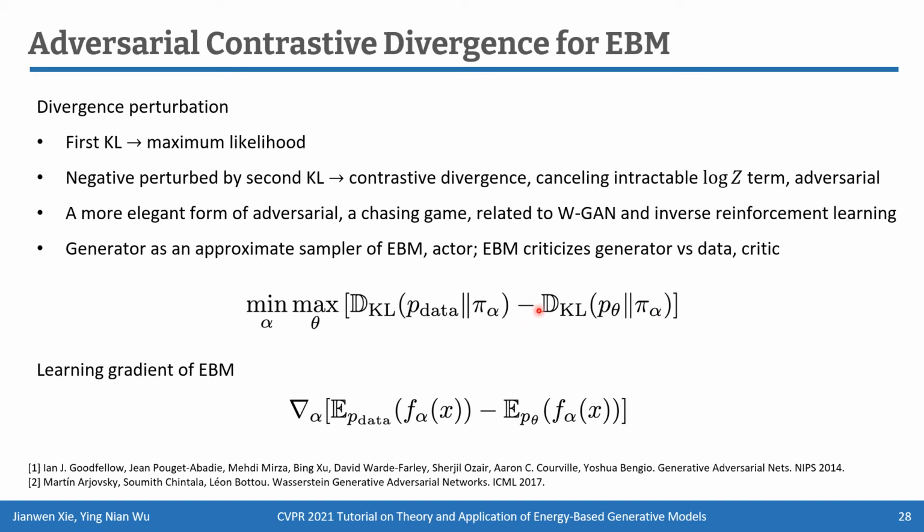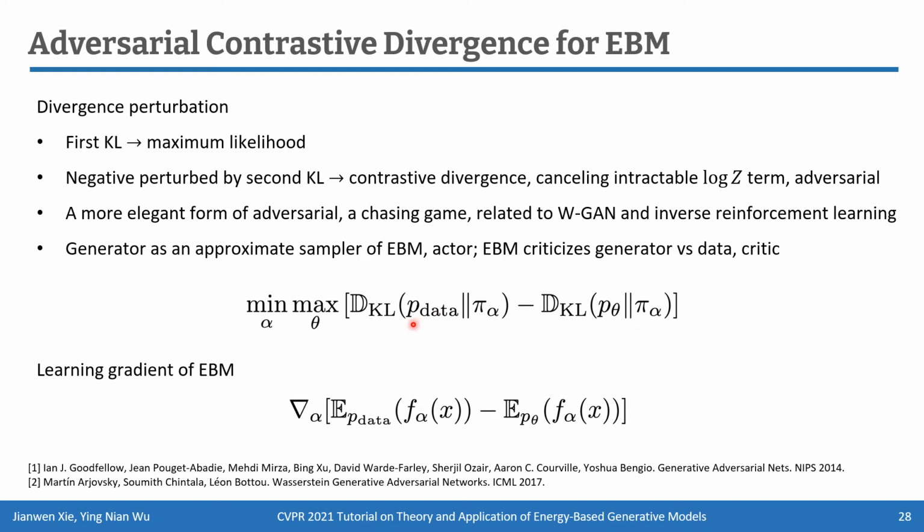And this negative sign actually underlies the adversarial learning. So this objective function actually can be more elegant than the original GAN objective. And in fact, it is closely related to Wasserstein GAN and also inverse reinforcement learning.